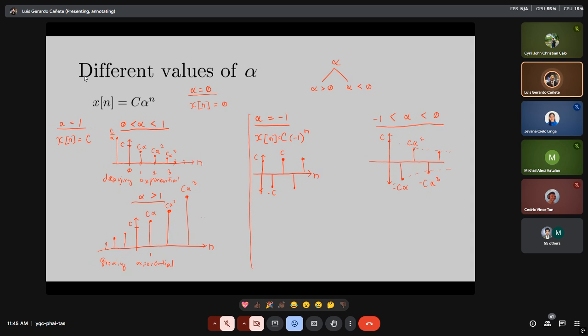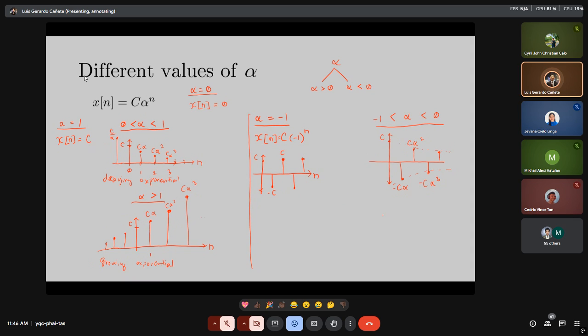You don't have this kind of behavior in the continuous time, but it is a behavior that can be exhibited in the discrete time because now, once again, we are considering that the base of the exponent is a real number, and it does span the entire range of real numbers. So that means that it can go from negative infinity to positive infinity as well.